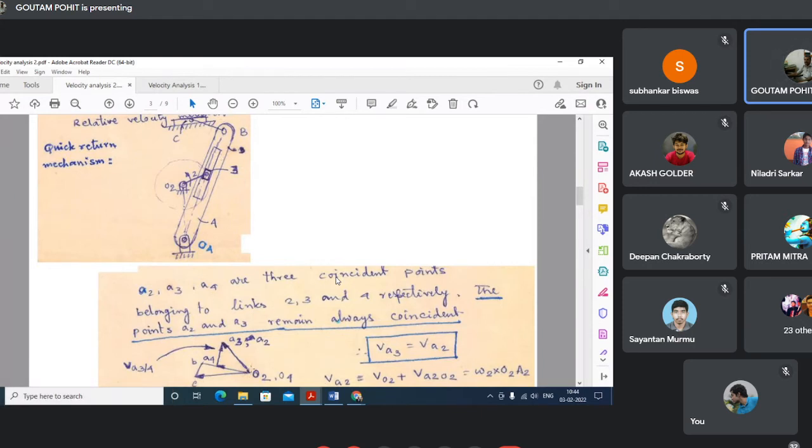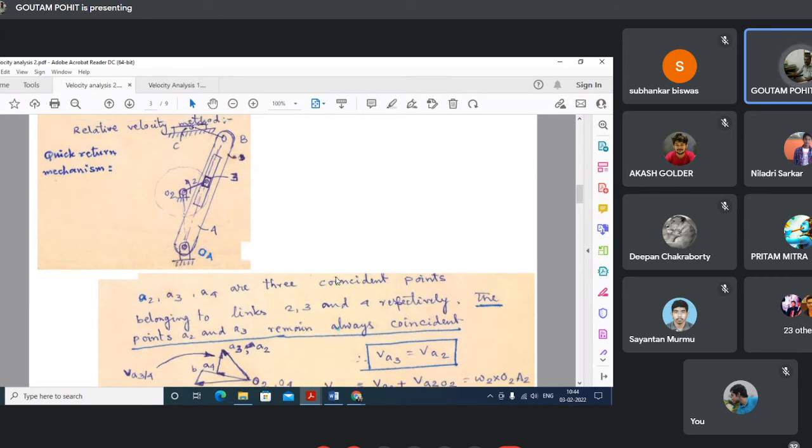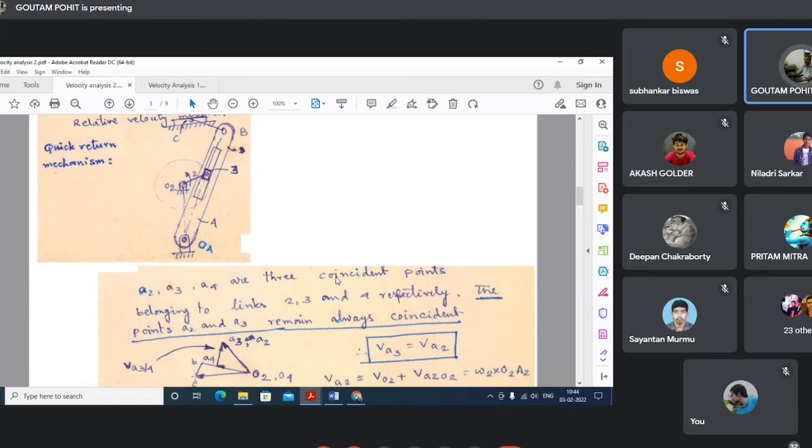And the other velocity direction: the velocity of the point C with respect to B will be perpendicular to this one. So we draw a line from here which will be perpendicular to this one. Where they meet, that gives the point C. So this gives the velocity of the point C. This is the velocity of the point C with respect to B. This gives the absolute velocity of the point B.